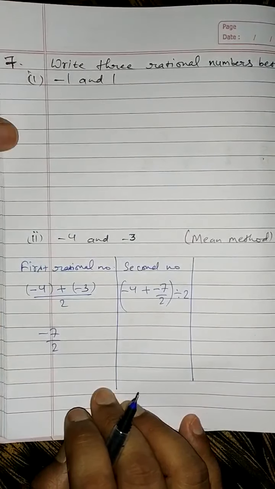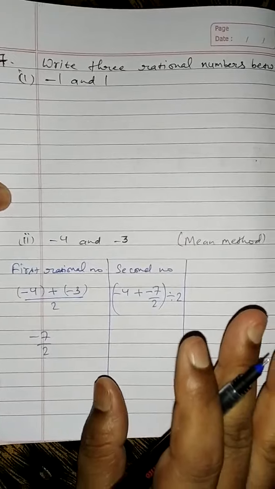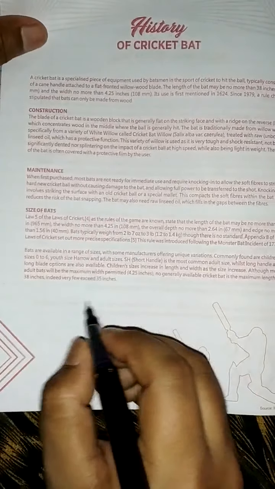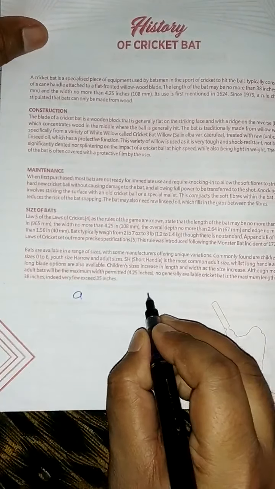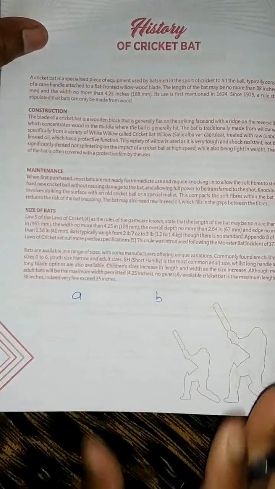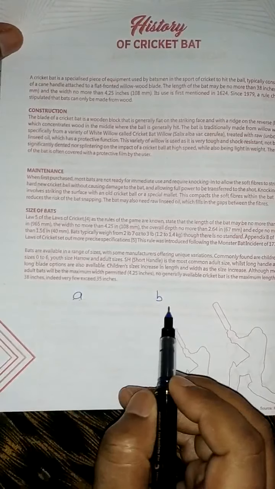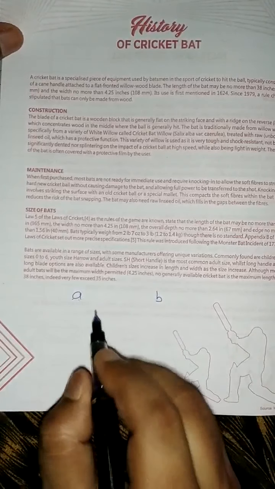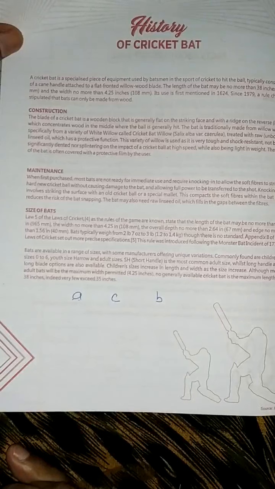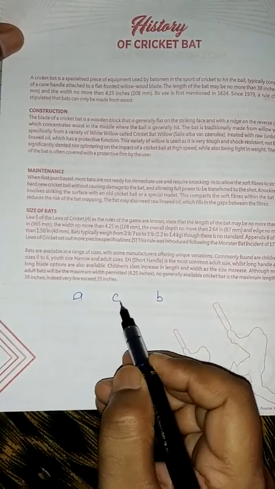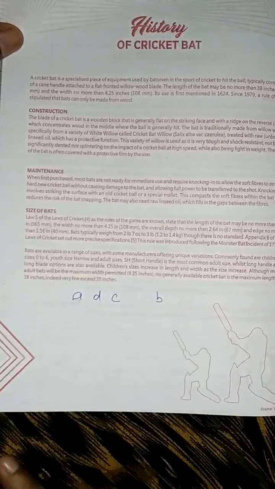Actually, what is happening, students? Suppose I give you an illustration: if we have two rational numbers given in the question, and we have to find 3 rational numbers between them, I add A and B and get C as a result. So C will be between them. Now I will add A and C, and if I get the answer D, I will write D between them.